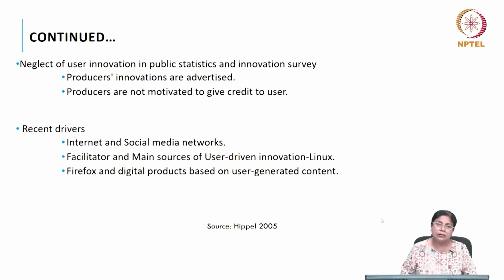Recently, we have seen that the drivers which facilitate user-centric innovation have indeed grown. Some of these include the internet and social media networks, facilitators and main sources of user-driven innovation like Linux, Firefox and digital products which are based on user-generated content.